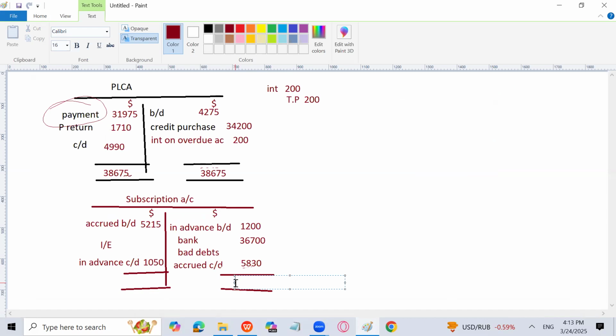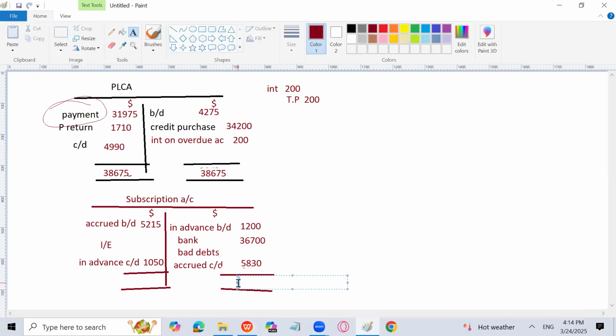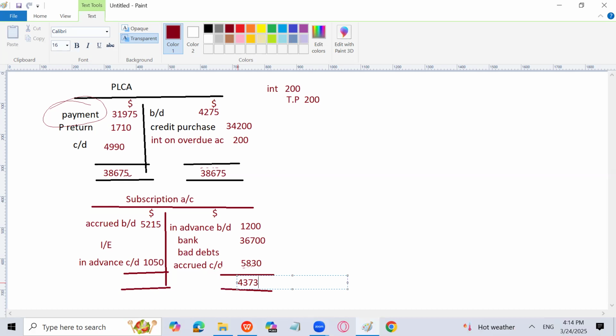Then I will subtract the debit side to find the income and expenditure account figure. किसी ने भी नहीं बताया अभी तक. Yes, 43730. The same will come over here. 43730, and the difference will be written with the name income and expenditure account.